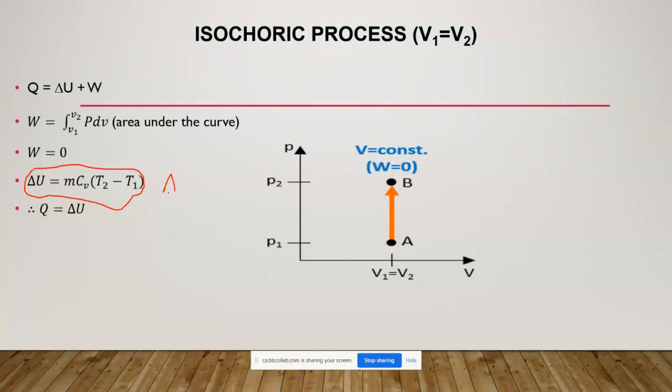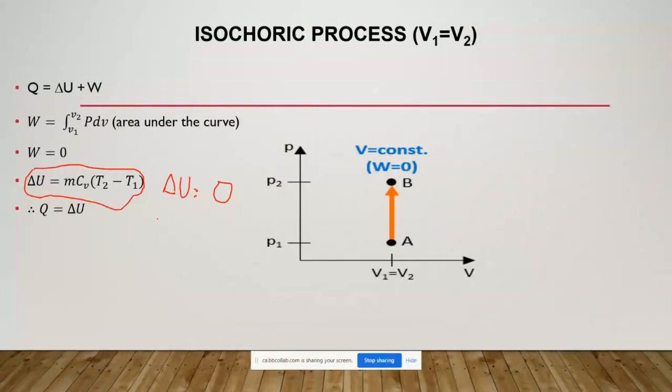I will explain to you why delta U is equal to 0 for isothermal when we do calculations. For other processes, delta U is given by m Cv delta T. Now, for each of the 5 processes, we need to know how to calculate Q, delta U, and work done.